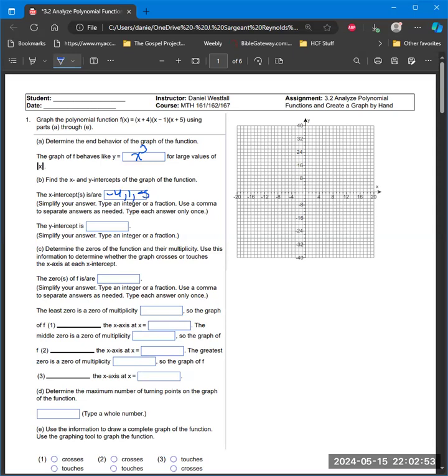So let's put them on the graph here. -4, +1, and -5 is right there next to -4. The y-intercept is going to be 4 times -1 is -4 times 5 is -20. So this is down here.